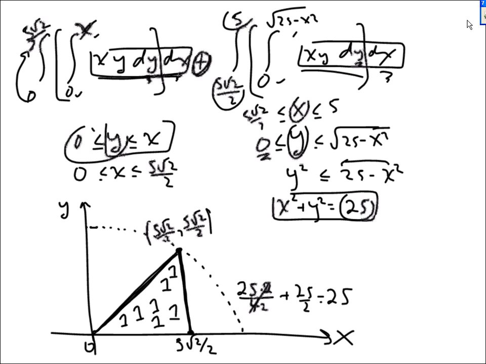It is only in quadrant 1. And, you're not going to believe this, look at how this comes together. x, amazingly, is between 5 square root of 2 over 2 and 5. That is x, here is 5. x is only in between here. That is, this piece is gone.